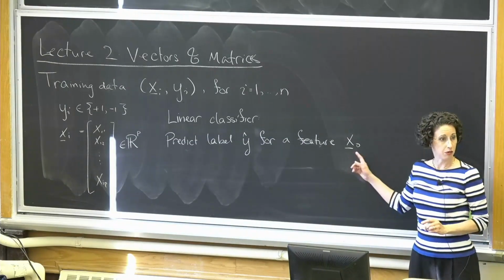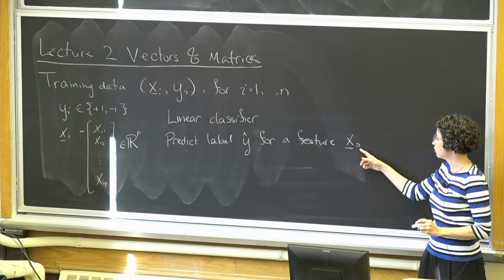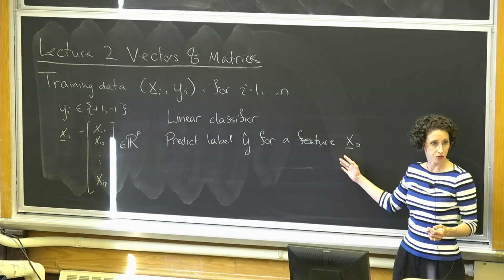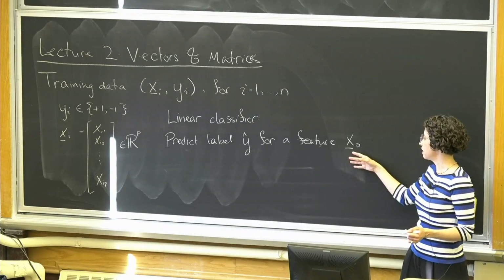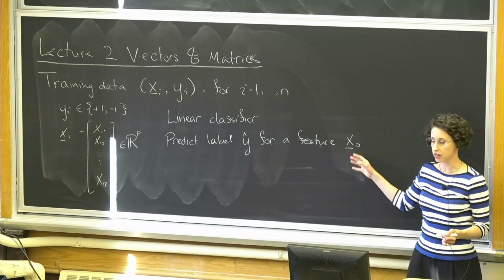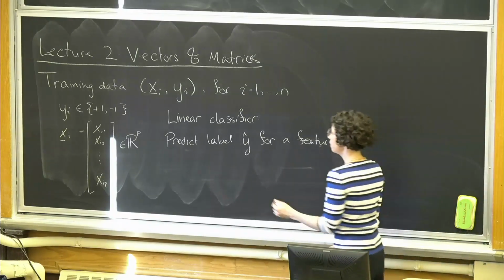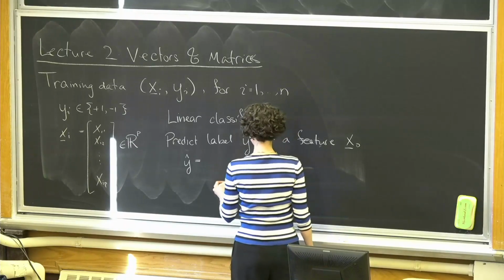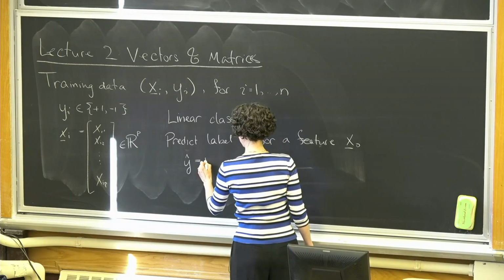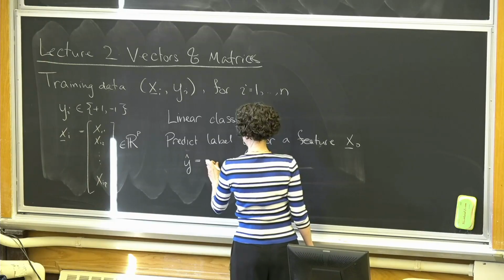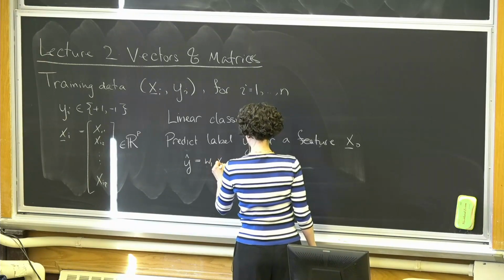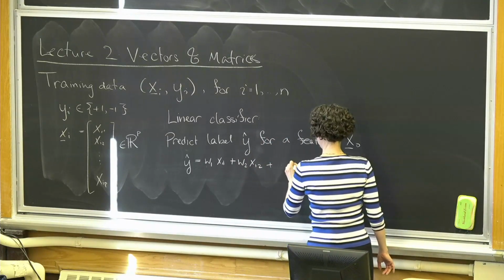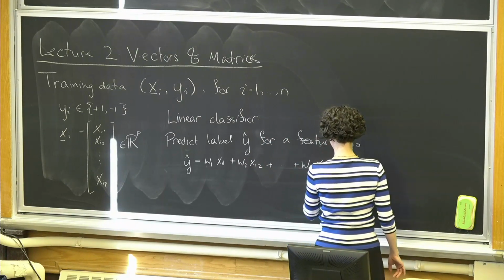And if you recall, I'm using x naught to correspond to just a generic feature vector. When we're training, it could be one of the training feature vectors, or this could be a new sample that we want to make a prediction on that's not in our training set. And the way we do this with our linear setting is we're going to say y hat is going to be a weighted sum of our features. So we're going to have weight 1 times x1 plus weight 2 times x2 all the way to weight p times xp.